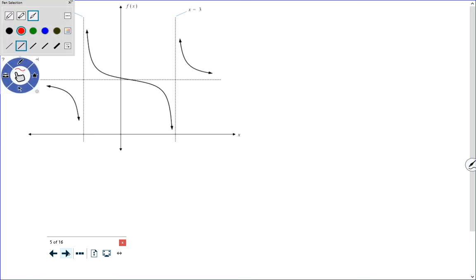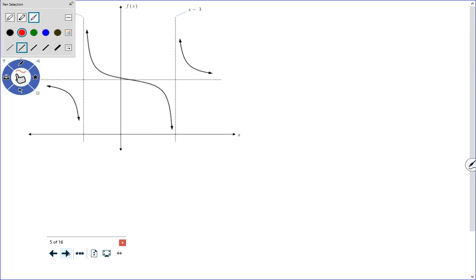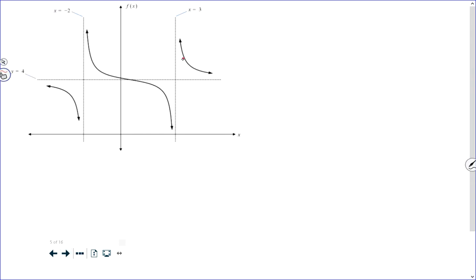The reason why there's a horizontal asymptote at y equals 4 is because as the graph extends horizontally towards the right, or as the graph extends horizontally towards the left, the value of the function gets closer and closer to 4. And the further the graph goes to the right and the further the graph goes to the left, the closer and closer the function gets to having a value of 4. And we can communicate that idea by talking about a limit as x approaches infinity of the function.